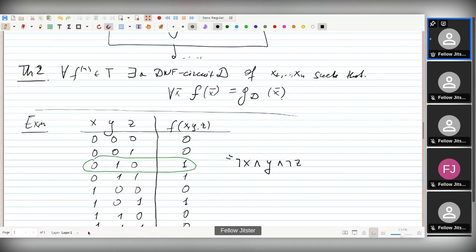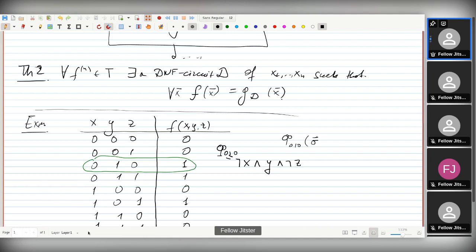Let's call it phi of 0, 1, 0. What is the value of this formula?